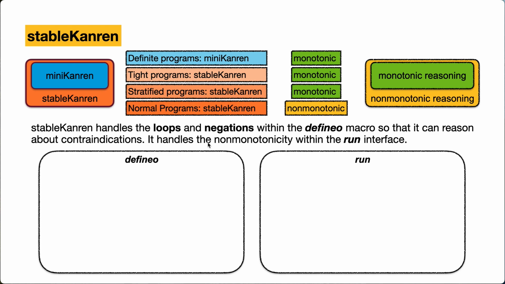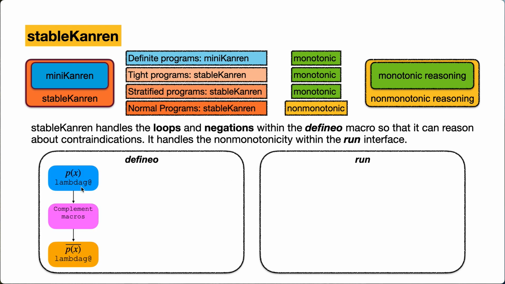So it can reason about this contradiction, and it handles the monotonicity and non-monotonicity within the run interface. So we have definer and the run here. Definer basically takes the positive input from the users, using a complete macro to create the negative counterparts of it.